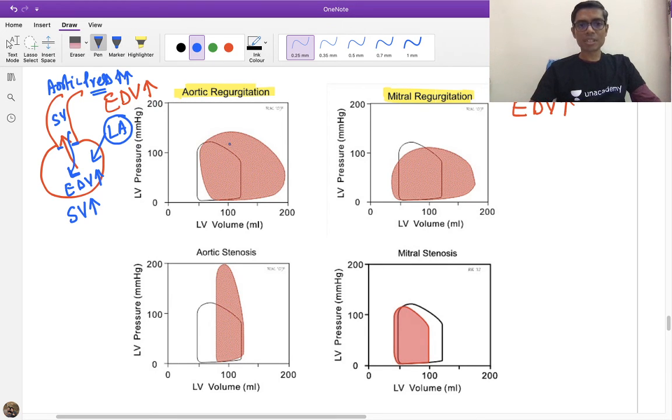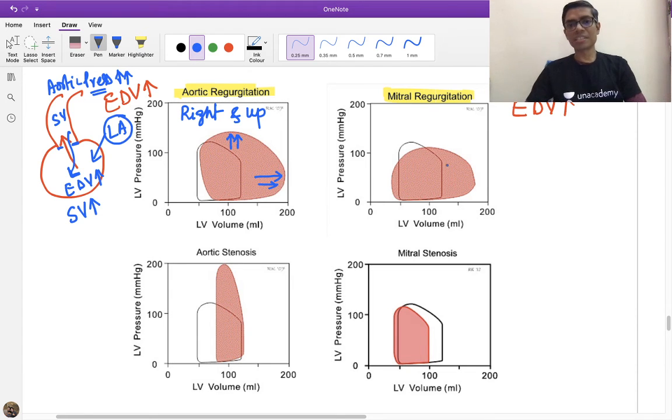If the afterload is high, the curve will also shift a little upward, and obviously it will shift to the right side because of this high end diastolic volume. So please remember, the curve is mainly shifting to the right but slightly upward also because of increased afterload, which is due to increased systolic blood pressure.